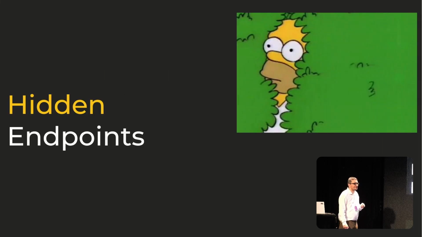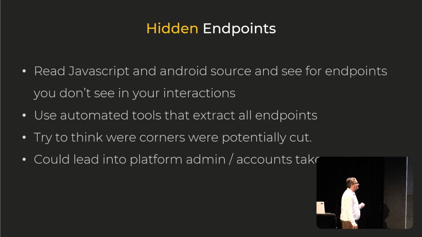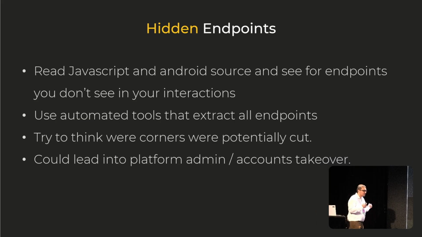Hidden endpoints. So when you're an attacker, you should read JavaScript, you should get the Android source, you should get the iOS source and get all the endpoints from there. If you don't see anything in your interactions when you're doing your tests with the mobile application or the web application, this means that this endpoint is either obsolete or for a user with privileges that you don't have.